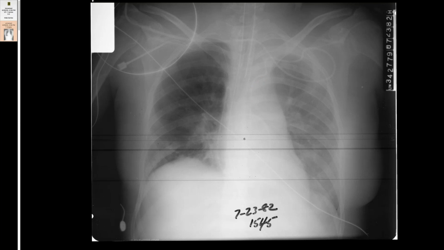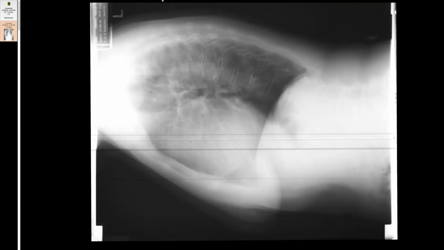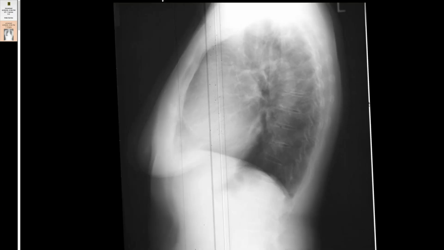Lower down in the mediastinum, it crosses in one of the retroaortic anastomoses between the hemiazygous and the azygous system. It ends up coming up the azygous vein and then into the superior vena cava, down the superior vena cava into the right atrium, and eventually the right ventricle. Here's the lateral view.